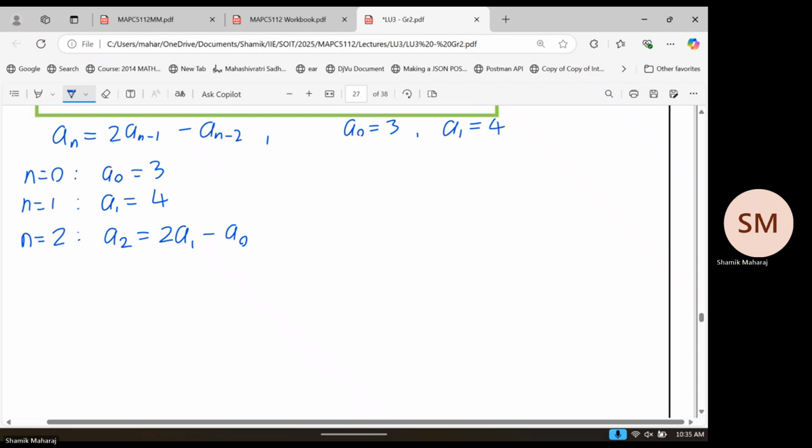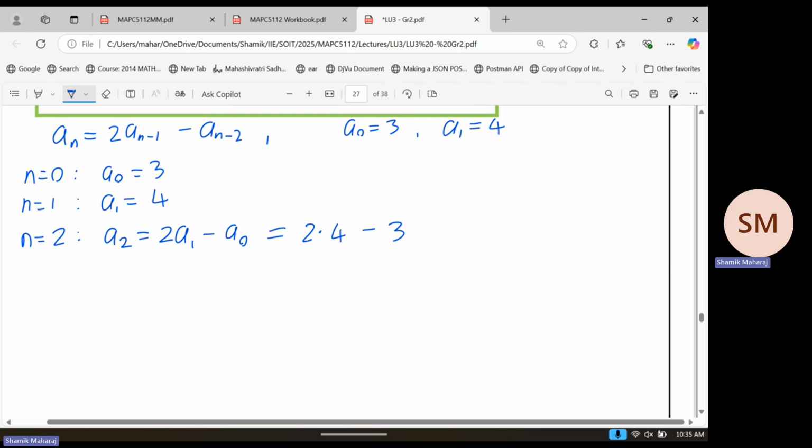Okay, all right, so from there, it's just a matter of plugging known values into the formula. We know A1, that's given to us above. We know A0, that's also given to us. So we just plug those numbers into the formula. Here we get 2 times A1, which was given as 4, minus A0, which is 3. This is just something you can do in your calculator.